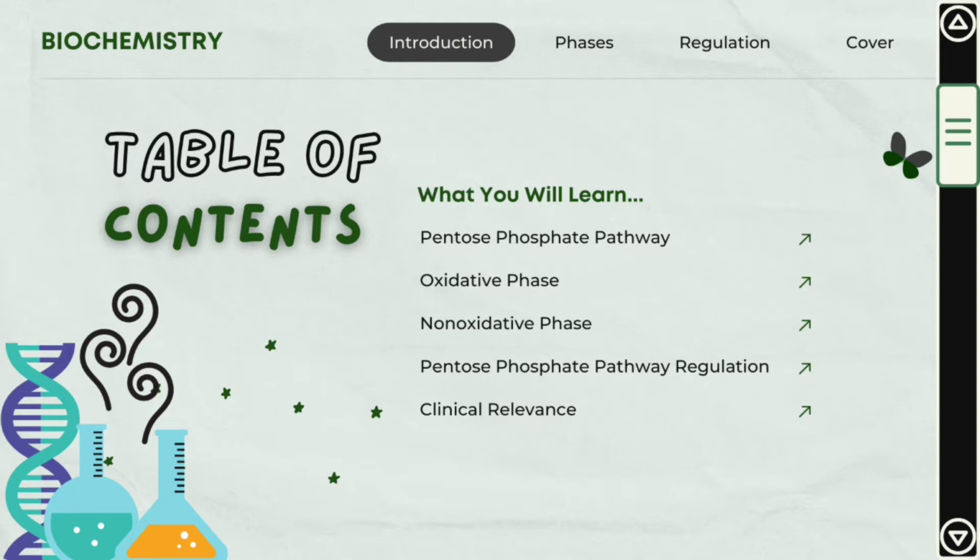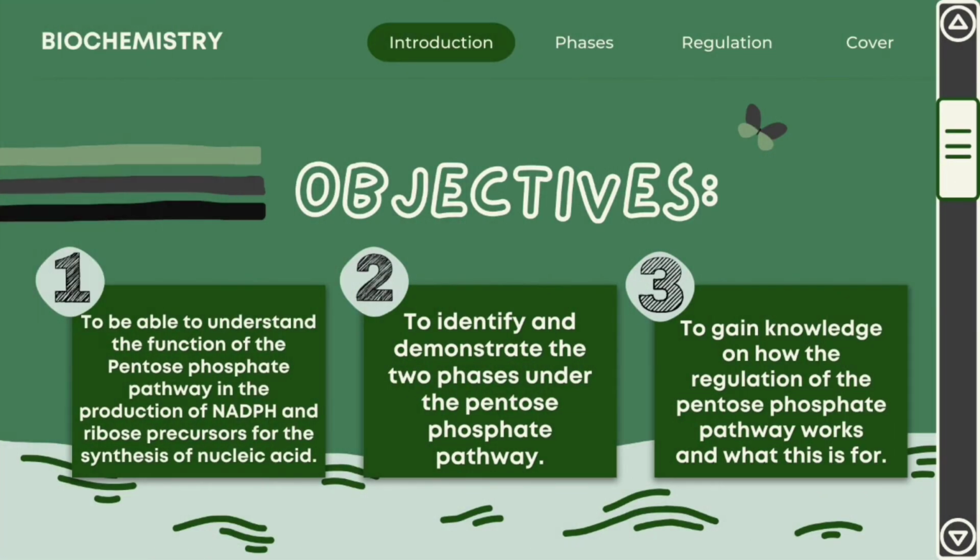Let's proceed to our objectives this morning. Number 1, to understand the function of the pentose phosphate pathway in the production of NADPH and ribose precursors for the synthesis of nucleic acid. Number 2, to identify and demonstrate the 2 phases under the pentose phosphate pathway.